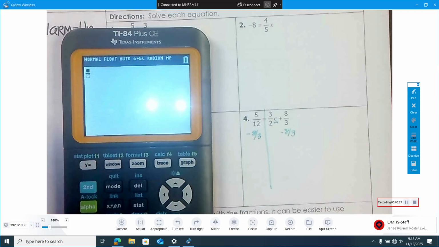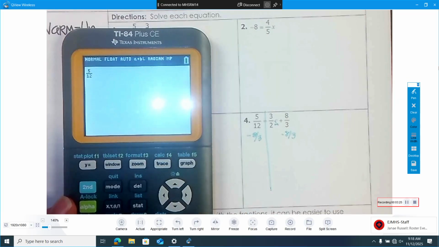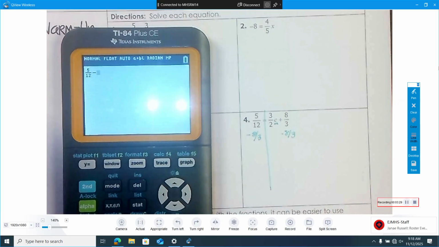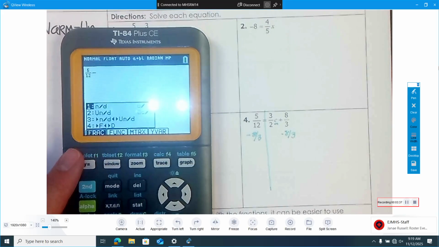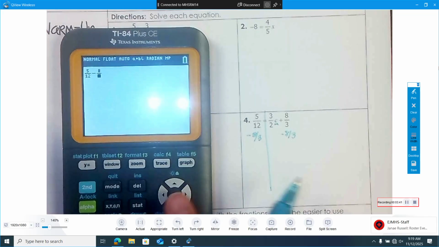So I have my fraction here, and we're going to type in 5/12. And then we need to subtract the fraction 8/3. So I'm going to go back to my fraction menu. Alpha F1. F is for fractions. I'm going to hit that again and then do 8/3.